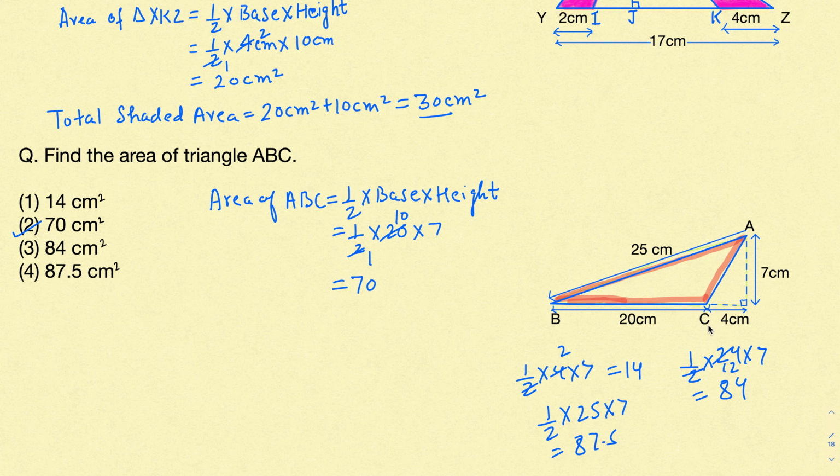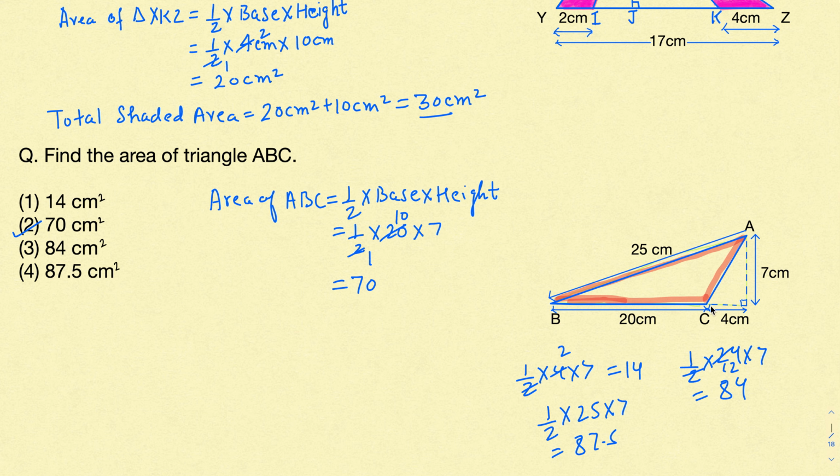So taking the correct base and the correct height is important. One thing you must remember: even if you have to extend the base to get the height, you don't have to use the extended length in your base. Your base is still BC. Don't make it BC plus another 4. And the height of the triangle is always the perpendicular drop from the third vertex.